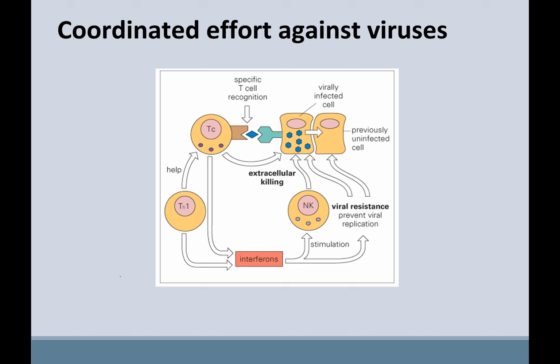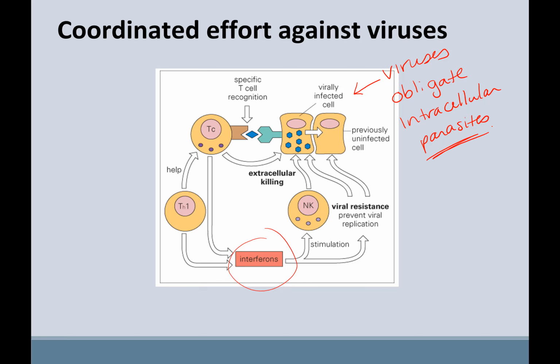So there are a lot of responses to virus infections, right? You've got your T cells, your natural killer cells, your interferon signaling, and this is important because remember, viruses are obligate intracellular parasites, which means they are hiding out in our cell.